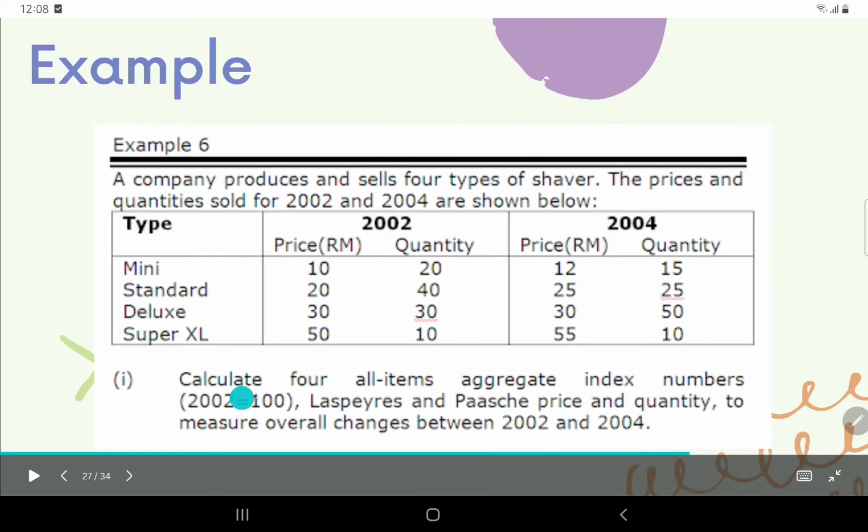Calculate for all these 4 items the aggregate index number, using 2002 as the base, for both Laspeyres and Paasche price and quantity, to measure overall changes between 2002 and 2004. So kita guna dua method lah kat sini, Laspeyres and Paasche price index, price and quantity.